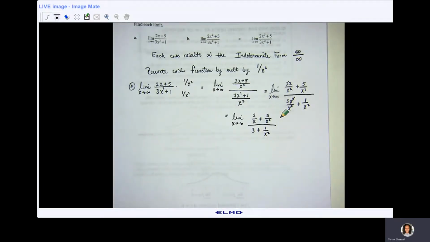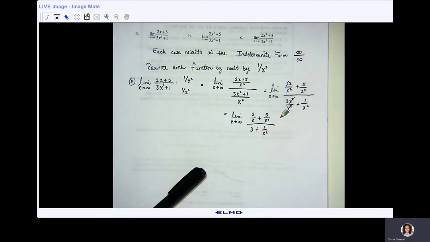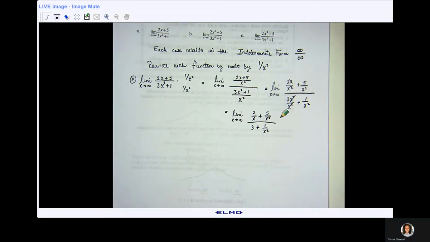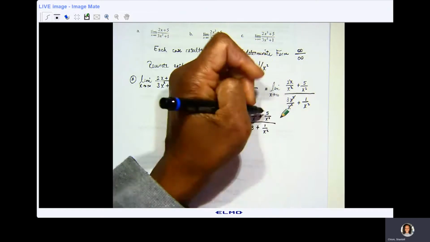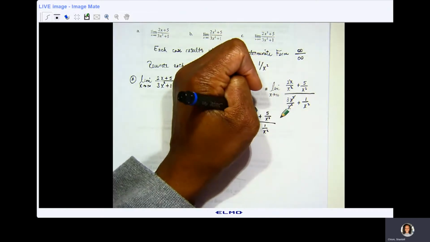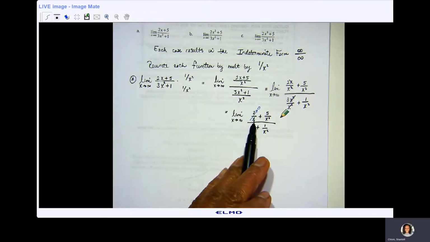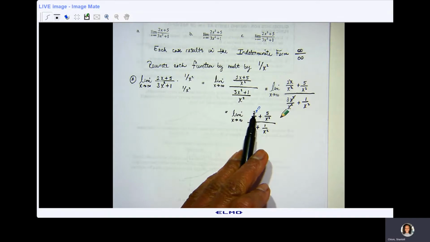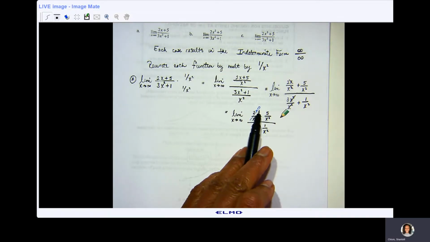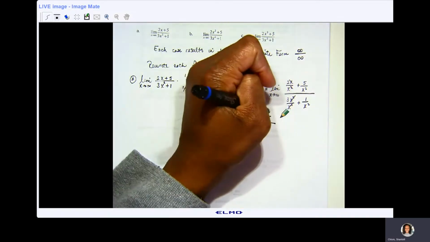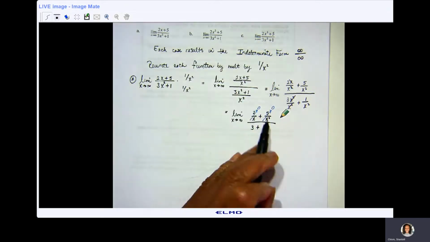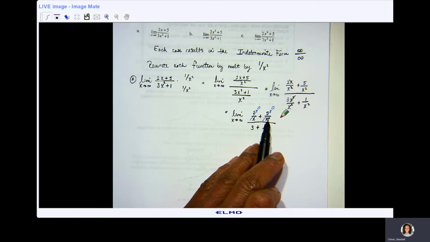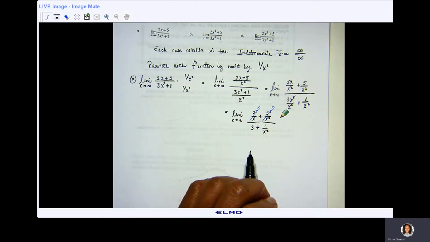So now we're able to evaluate this. As x approaches infinity, the limit of 2 over x will approach 0, because as the denominator gets big, 2 divided by a really big number heads towards 0. This one, the same thing, heads towards 0. 5 divided by a really big number squared is still 5 divided by a really, really big number, so that approaches 0 as well.